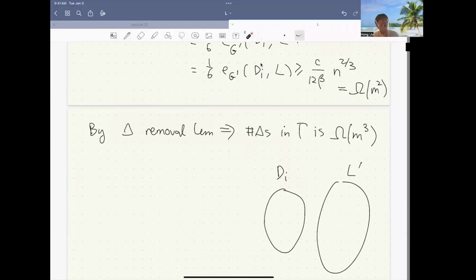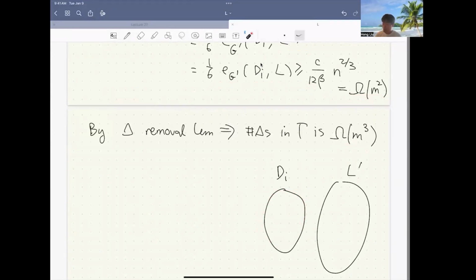But I think there's a simpler way of doing this. So all we need to do now is to show this number of triangles is more than the number of edge disjoint copies of triangles in gamma on DI.